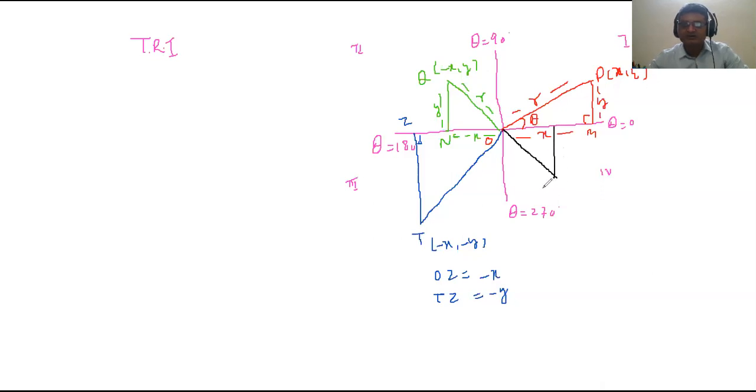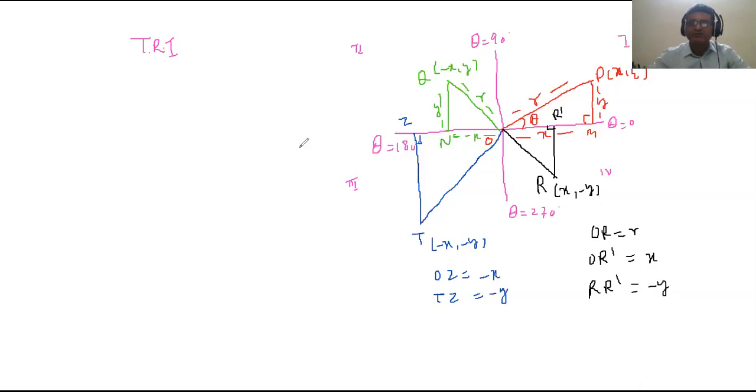At this point is r, and this coordinate will be (x, -y). So you can see here that OR will be equal to small r, and OR dash is going to be x.